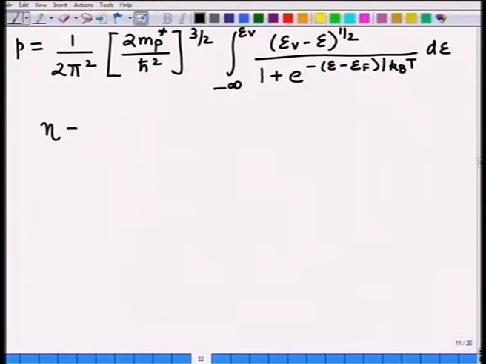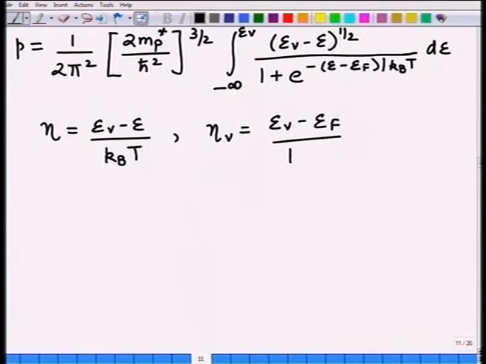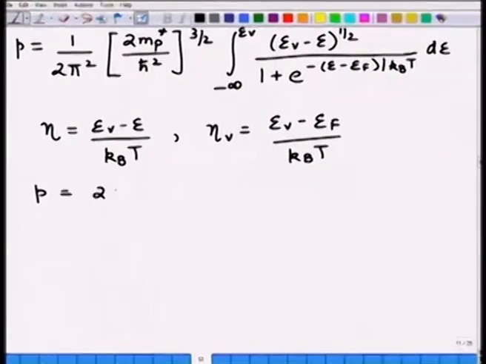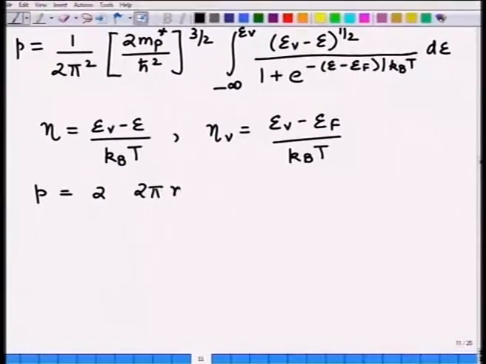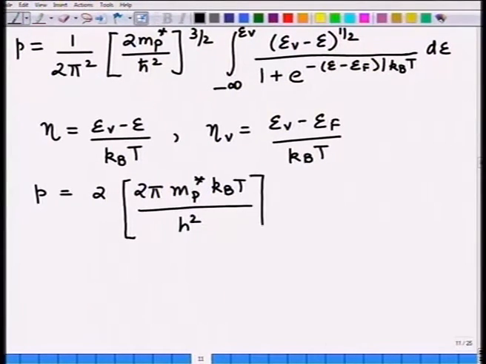Now, this time we are going to substitute eta as E_V minus E by k b T, and we are going to substitute eta_V as equal to E_V minus E_f by k b T. We can substitute this. So, in that case, you can carry out the same exercise exactly the same way which we did for n. You will find p as equal to 2 times 2 pi m_p star k b T by h square, not h bar square, to power 3 by 2.